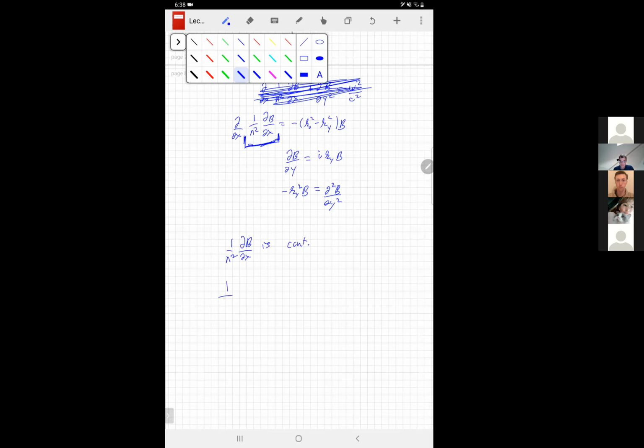So we're going to get 1 over n1 squared times i k0 n1 cosine theta 1 times 1 minus r12. Because remember, the incident field, the x component of the k vector is positive. It's pointing to the right.